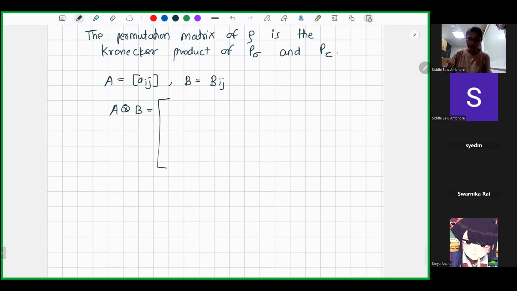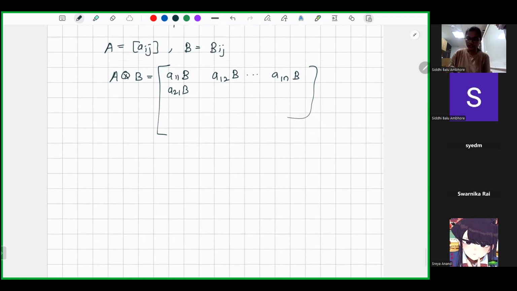It is A11 B, A12 B, and so on, then A21 B. So what we are doing is each entry is now a matrix.